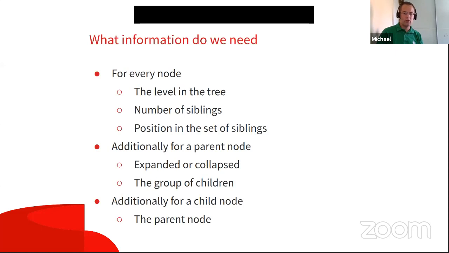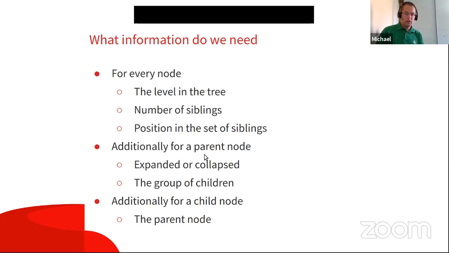So, for example, if a page has 50 other pages on the same level, it needs to know that it is number 34, because maybe not all 50 pages are available in the DOM, so the browser wouldn't know how many other pages there are if you scroll.